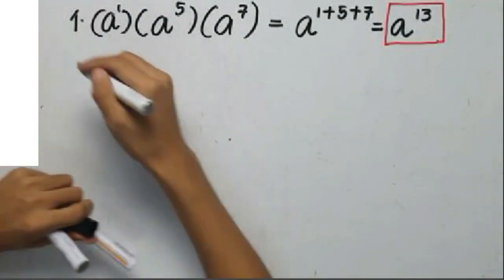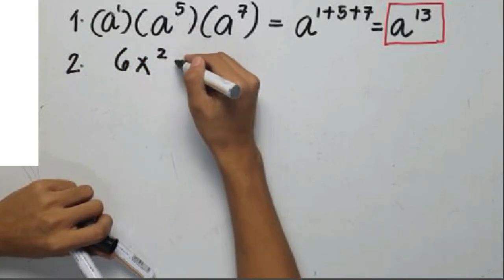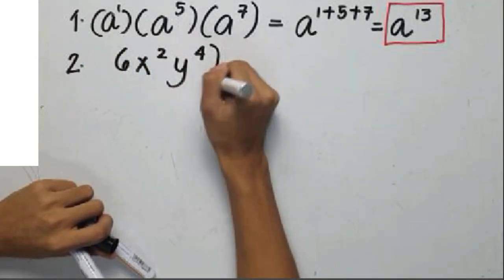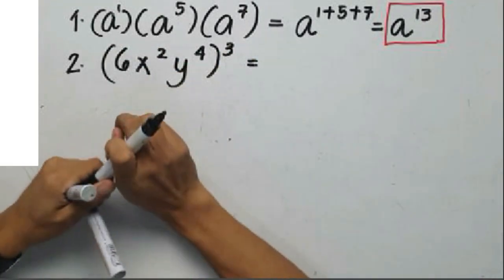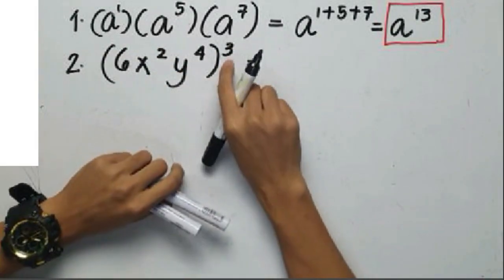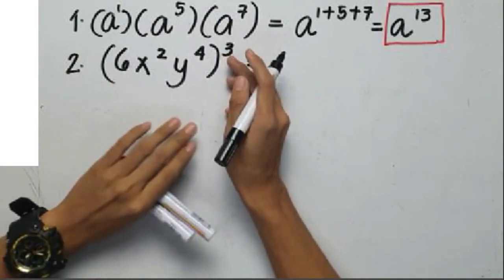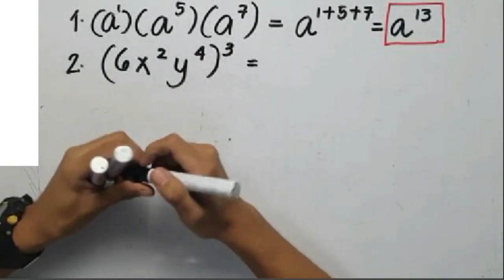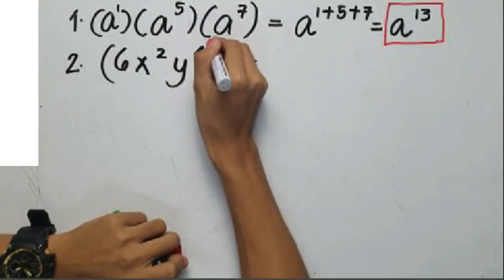Okay, as simple as that. And then number 2, sinabi naman dun na 6x squared y raised to 4, all raised to 3. Okay, according to the power rule, distribute natin si 3. Kapag dinistribute natin si 3, i-distribute natin sa lahat, hindi lang sa mga exponents, kundi sa lahat ng mga makikita nating term dito.